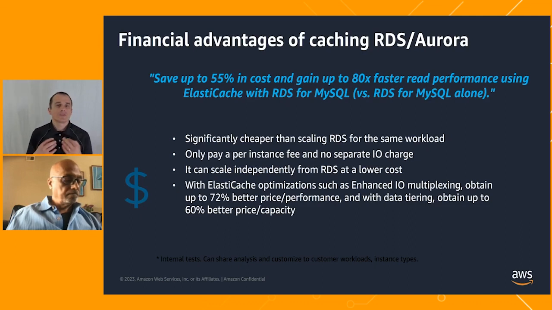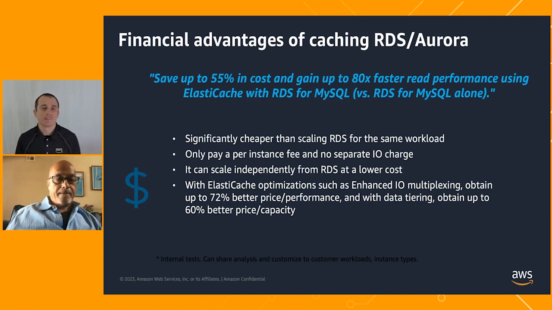And this gives you a much better performance than retrieving that data from the shared network storage or perhaps from a source database. Your cost savings can be as much as 60%. And enhanced I/O multiplexing delivers a huge boost in latency and throughput for both ElastiCache and MemoryDB on top of that.